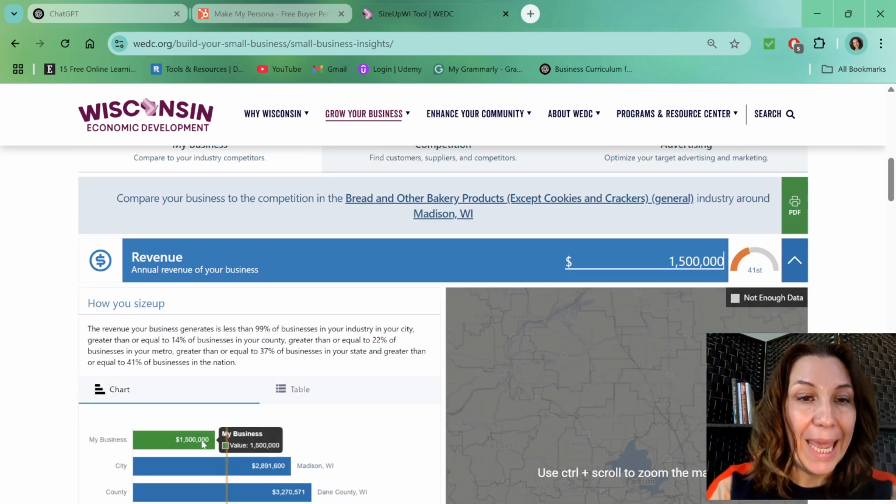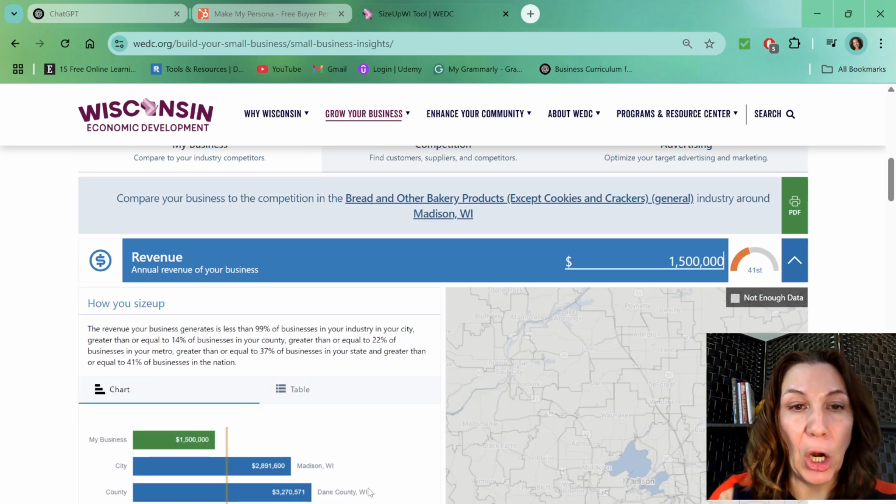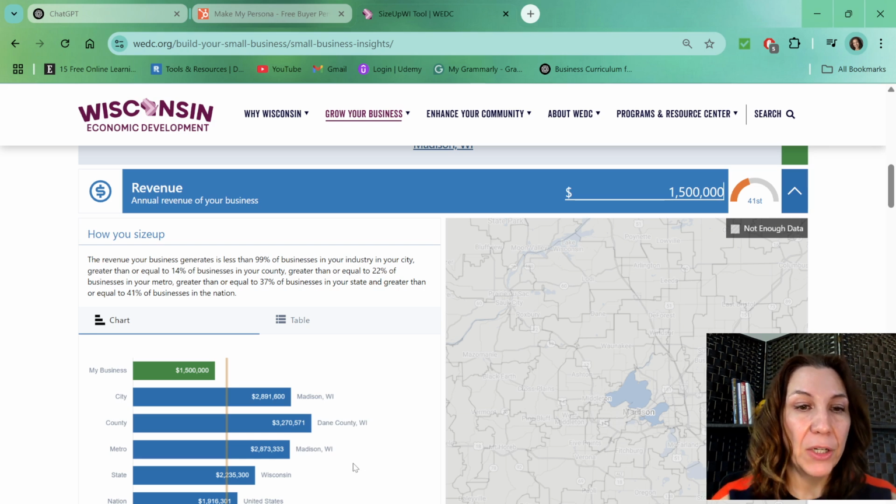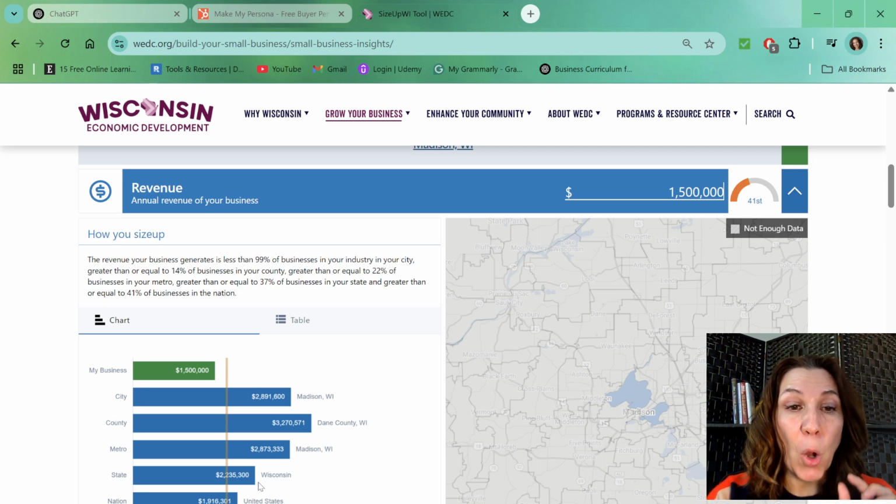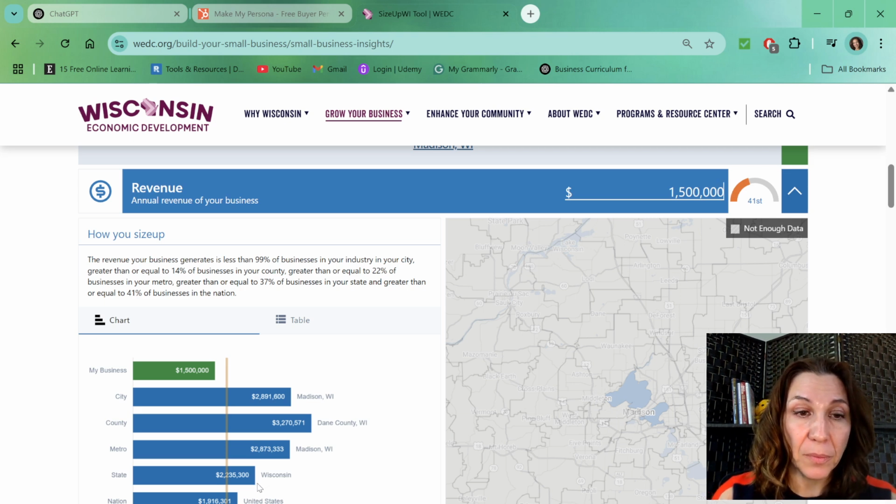We started, and right away, once you put in the income, this is the revenue, top-line revenue, it shows you a chart that compares your business with anyone in the Madison area first, then the county. Madison is in Dane County, and then just the metro portion of Madison, and then the whole state of Wisconsin, and then how your business compares to the United States.